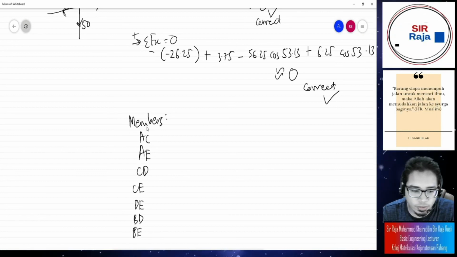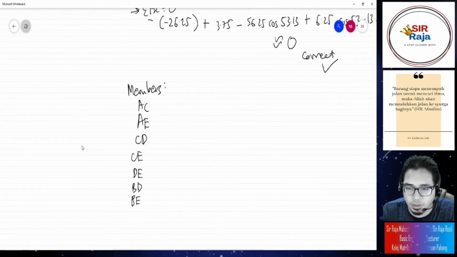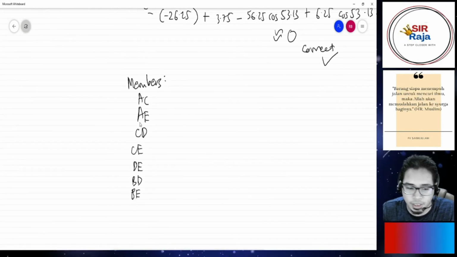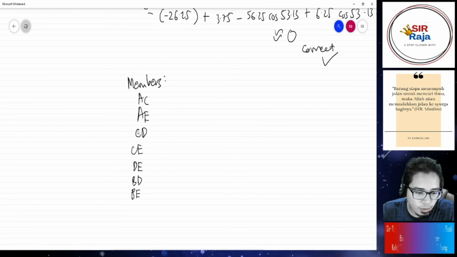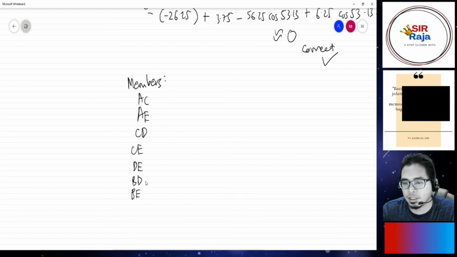So you have to count everything. You can check how many members you have from the diagram. To check, you really have to list everything. 1, 2, 3, 4, 5, 6, 7. So we have 7 members.